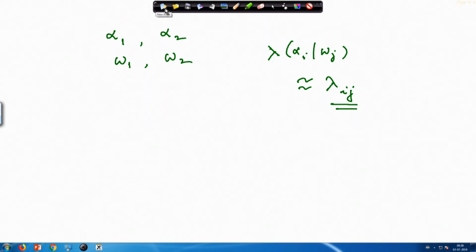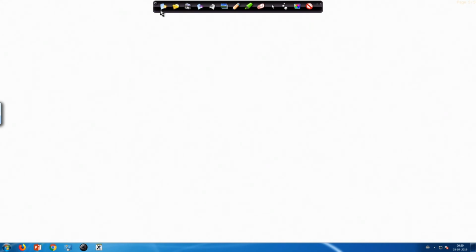Given this, I will have two risk functions involved: I have to compute R of alpha 1 given x, and I also have to compute R of alpha 2 given x.